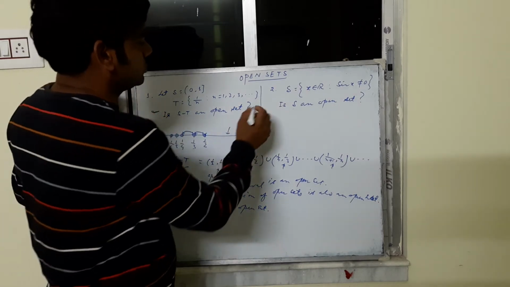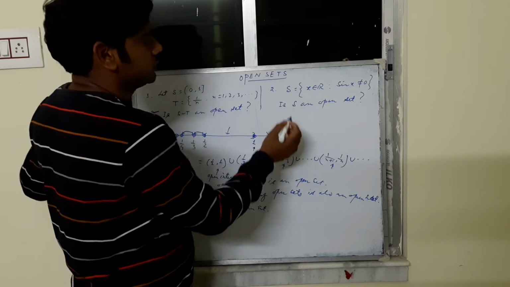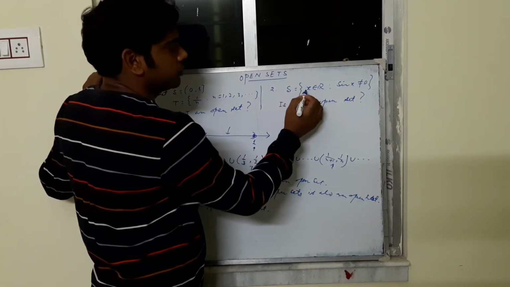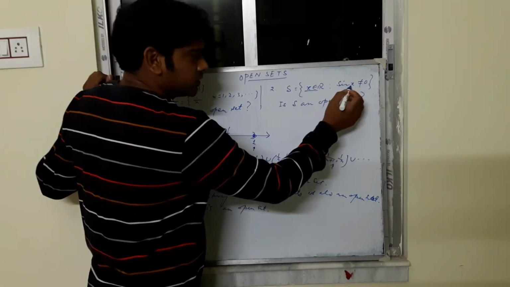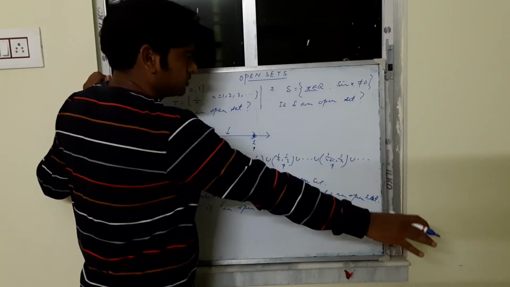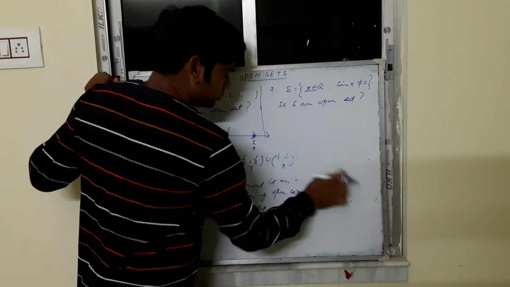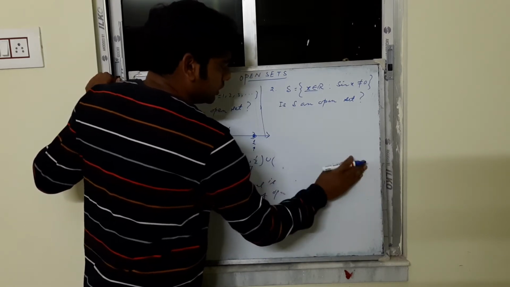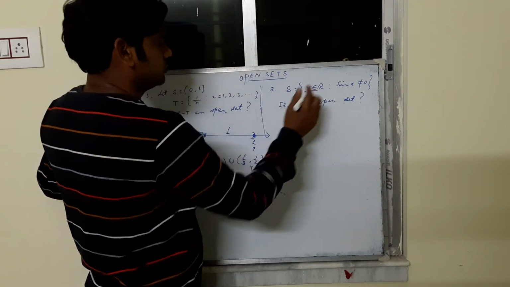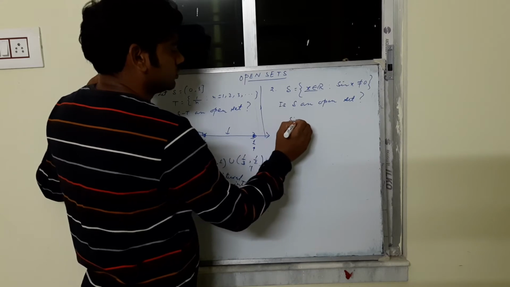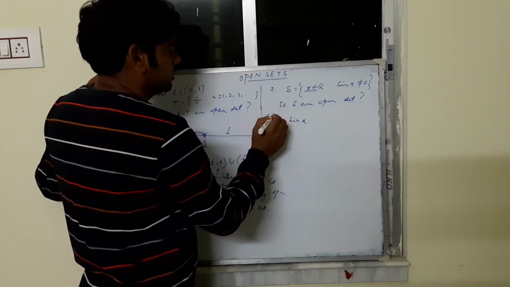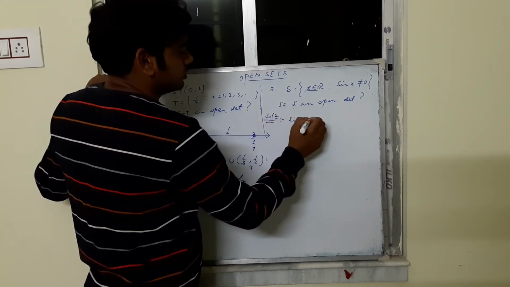Now we go to the second question. Here S is a set consisting of all those real numbers for which sin x does not vanish. So to do this, let us start with sin x as 0.